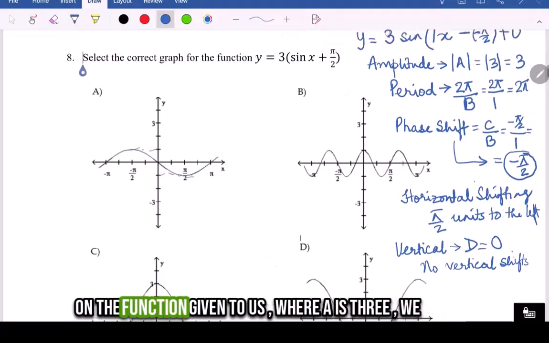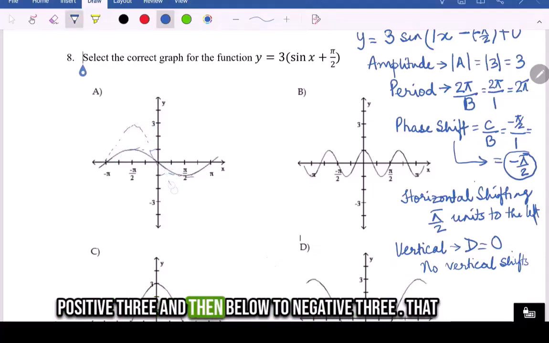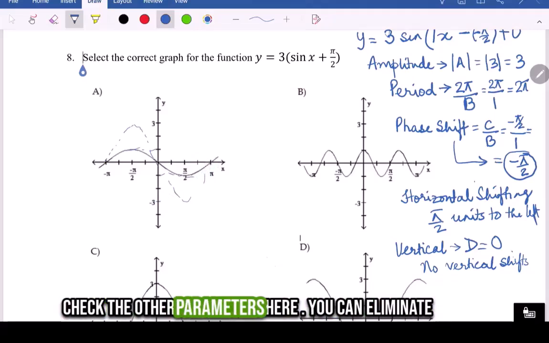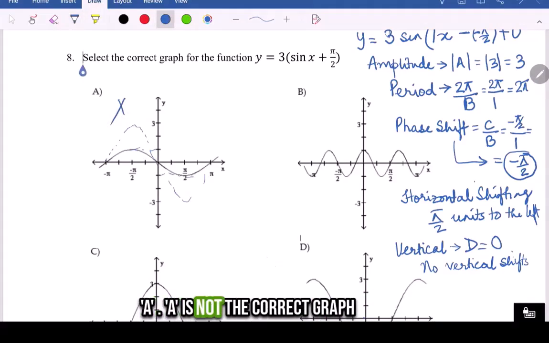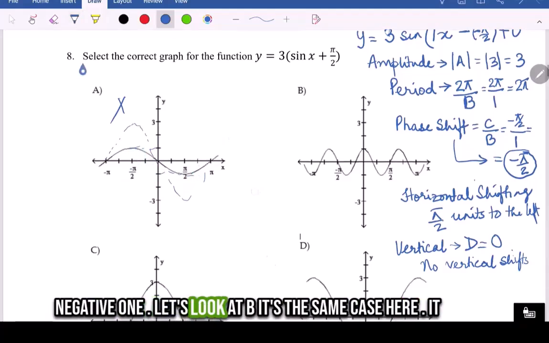Based on the function given to us, where A is 3, we would expect this graph to go all the way up to positive 3 and then below to negative 3. That is not the case. Right away, you don't even have to check the other parameters here. You can eliminate A. A is not the correct graph because the amplitude of this graph is just positive 1 and negative 1. Let's look at B.